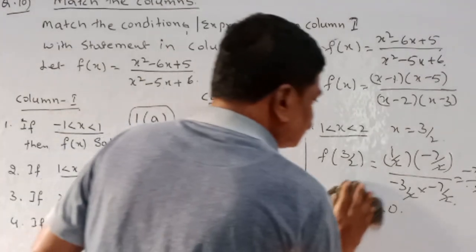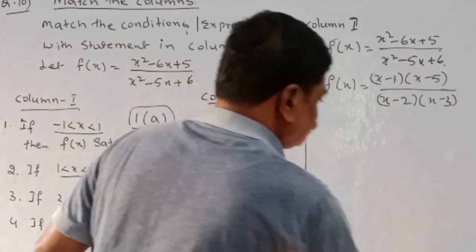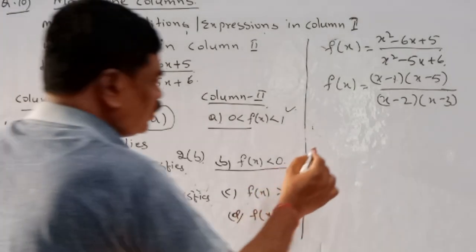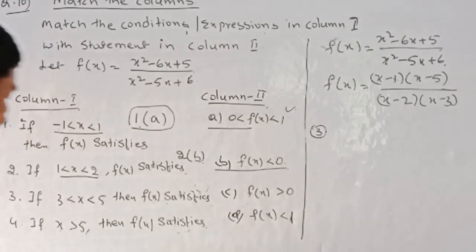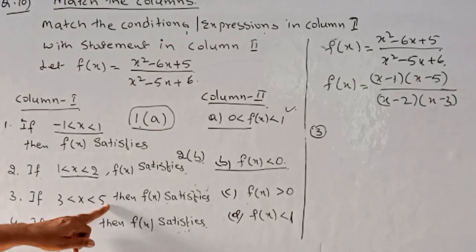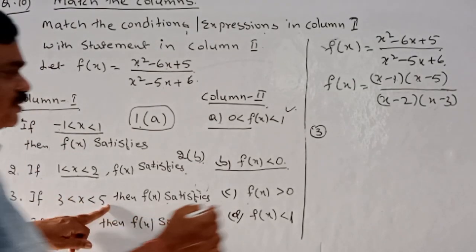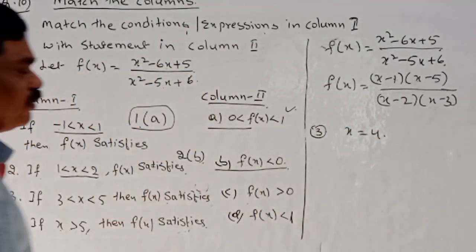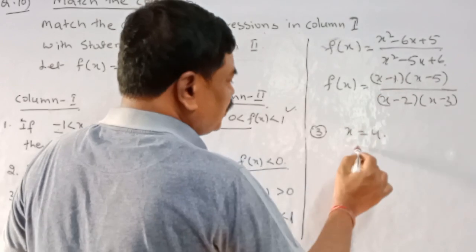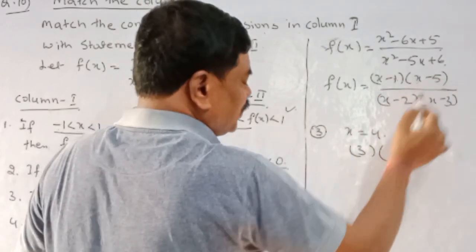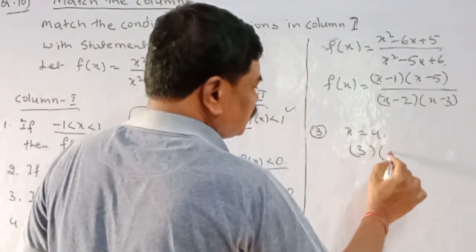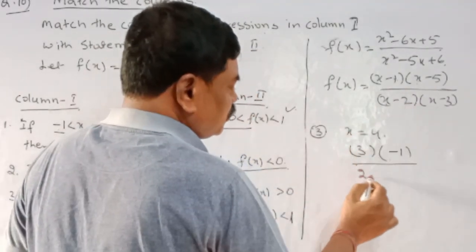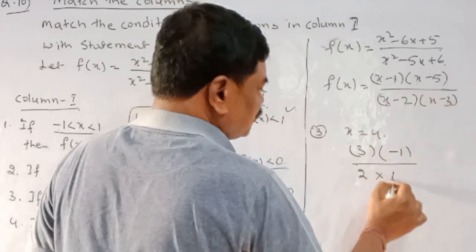Okay, all of you. Then you observe the third one. Third one is 3 less than x is less than 5. Let us take x is equal to 4 in between these two. So 4 minus 1, 3. 4 minus 5, minus 1, by denominator 4 minus 2, 2, 4 minus 3, 1.